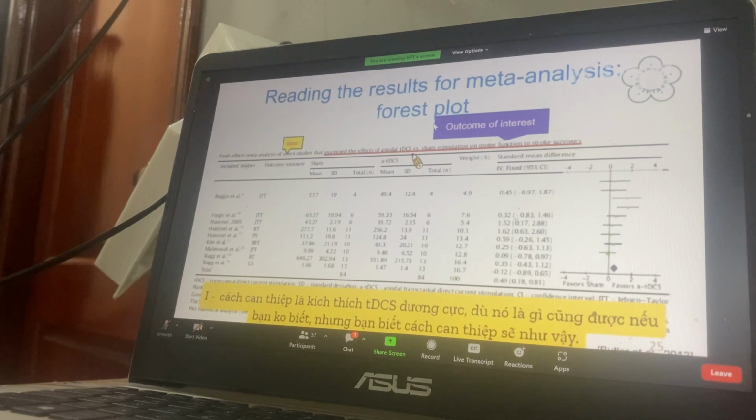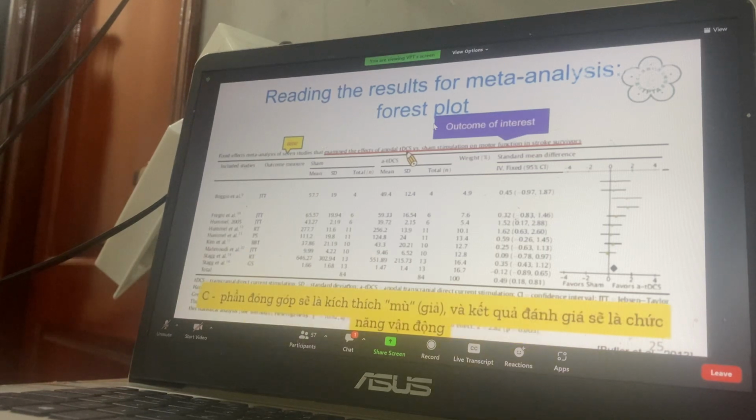It's okay if you don't know, but we know the intervention will be that. And then C, control condition, will be sham stimulation. O, for outcome, will be motor function. So as you can see from the example here, a good title will give you the information of PICO, tell you what the authors are interested in.